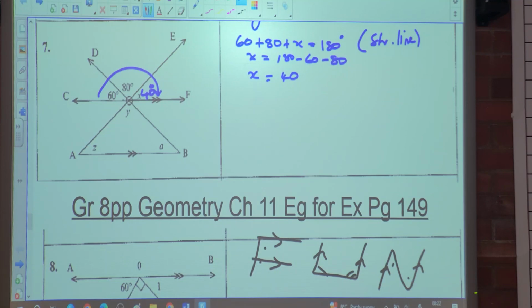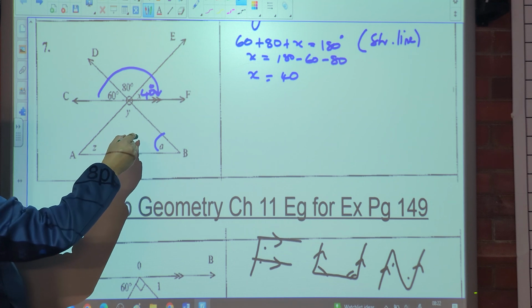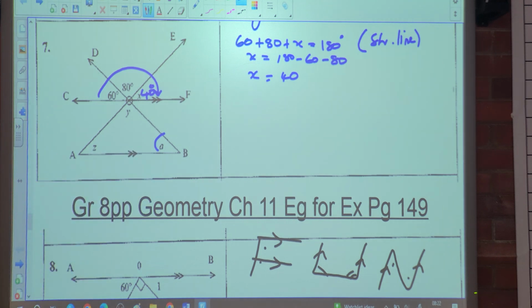How can you calculate y? Or a? There's an a as well. How do you calculate a? Vertically opposite. How are we going to calculate a if it's vertically opposite, or vertically opposite to what?